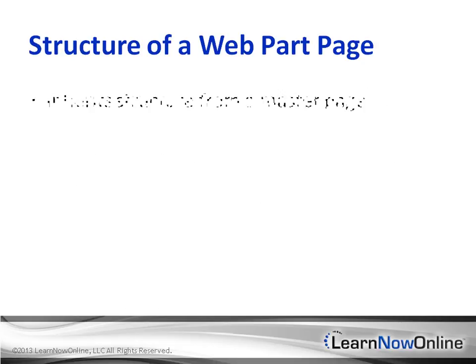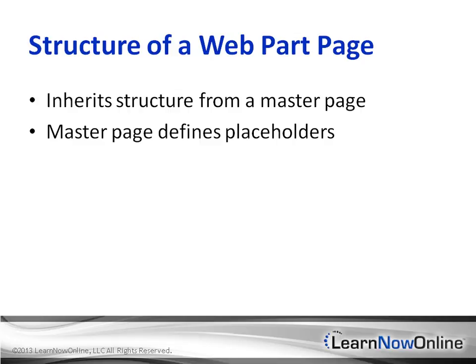The way these web part pages work is just like all pages in SharePoint and in ASP.NET pages that use master pages: they inherit their structure from a master page. The master page is going to define different placeholders where data can go.